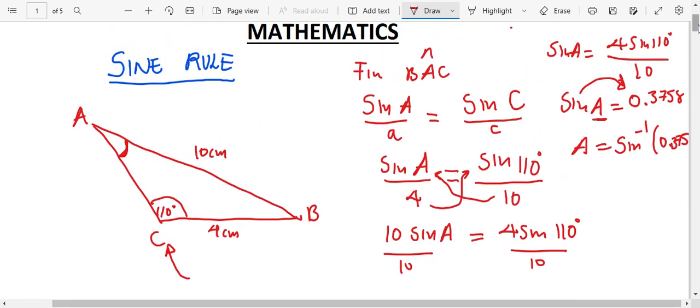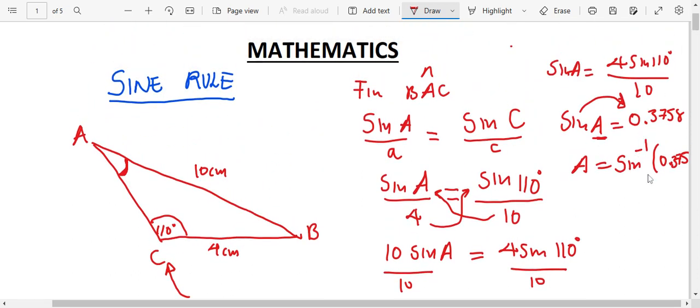So we are saying we're going to have the sine inverse of this very same number which we have here. If you have a calculator, to punch sine inverse you first press shift, and then you go where it is written sine, and then you write that number, 0.3758.